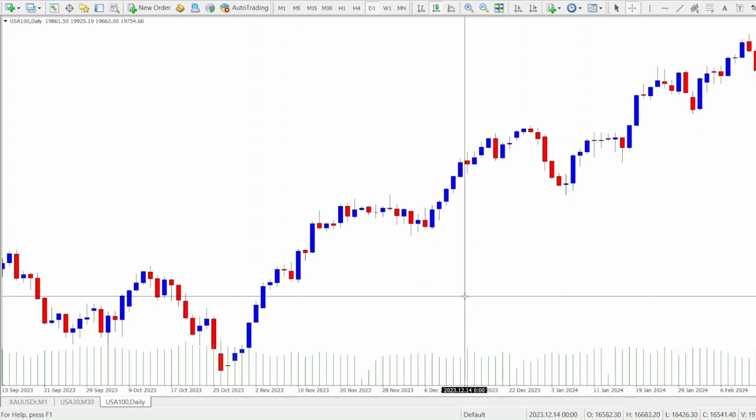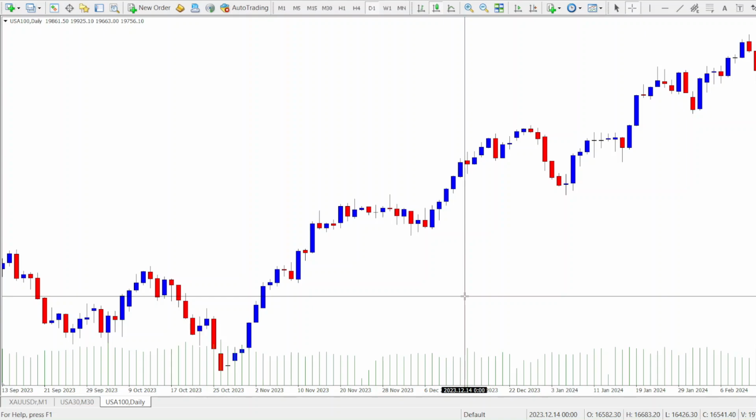So we have been able to identify the main types of doji candlestick patterns and how to use them to identify what trades to take. Whenever you see a dragonfly doji, for example, you should be looking out for buy trades. Whenever you see a gravestone doji, you should be looking out for sell trades.